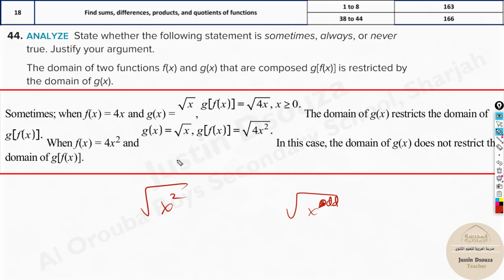Over here, all real numbers, right? Why? Because it doesn't matter which, it will be positive, so the square root is fine. You will never have undefined answers. So in this case, the domain is not restricted when it's an even power. So we can't say it's always, it only sometimes happens. Sometimes the square root will restrict it.